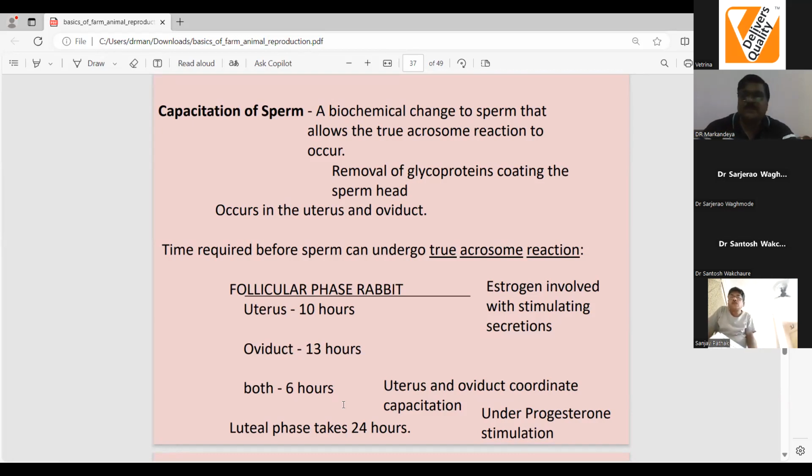And 12 to 24 hours is the time for capacitation of the sperms. Remember, on insemination, a total of 10 to 12 million live, motile, normal sperms are placed into the reproductive tract of the female.